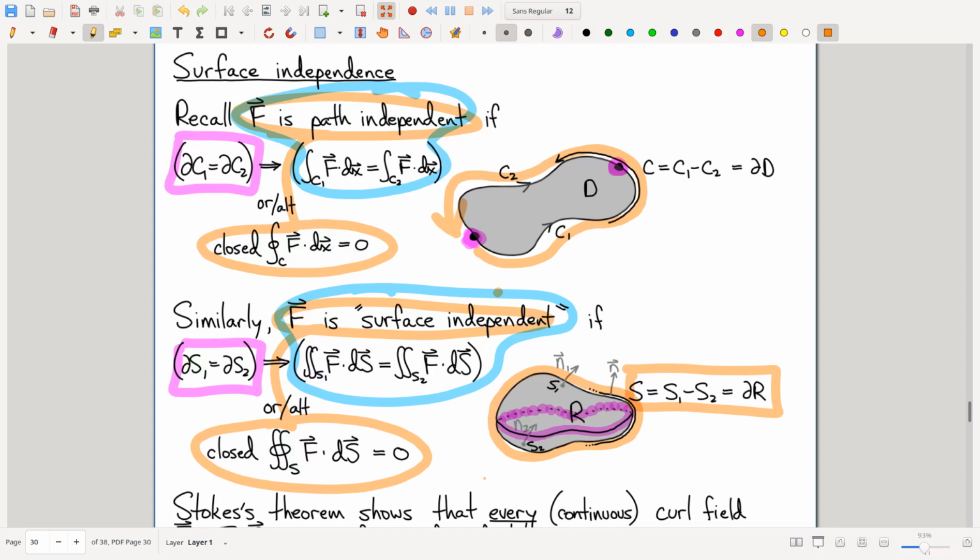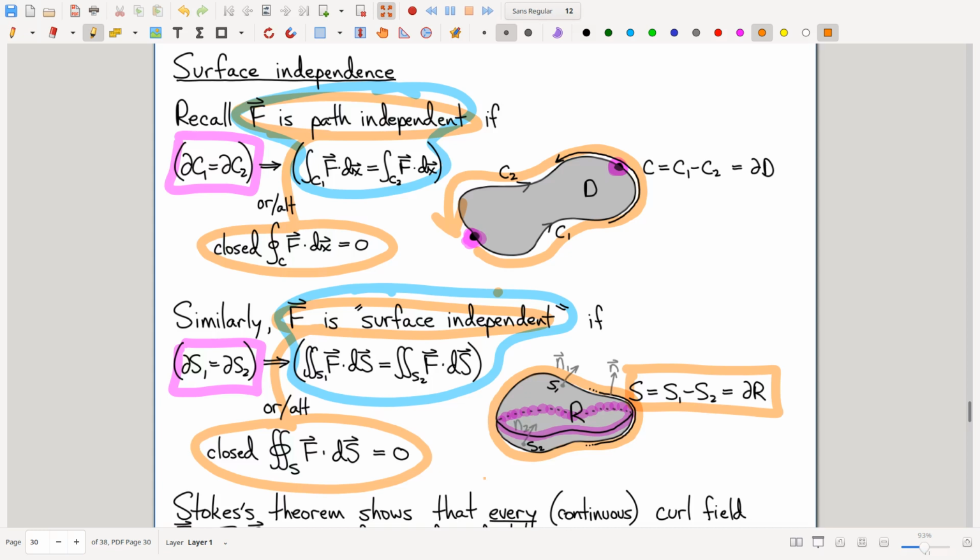Don't forget there's a column called included material and another one called excluded material. The excluded material is stuff you don't have to worry about. Tear those pages out of the book if you're so inclined. Not that I'm encouraging that, right? But the included material is stuff you are responsible for, and surface independence is in that included material column.